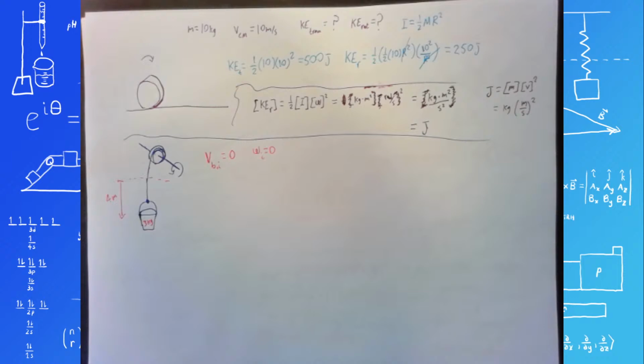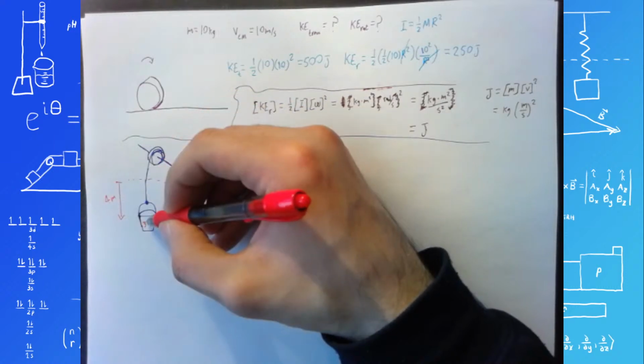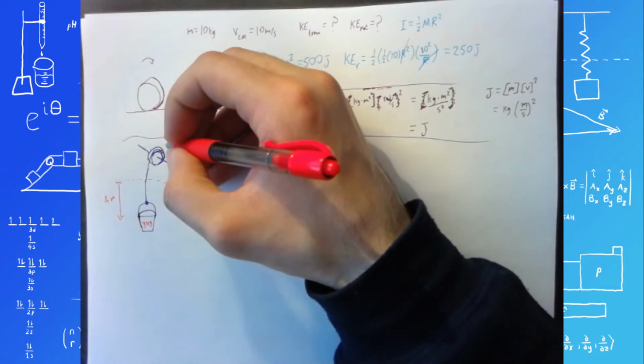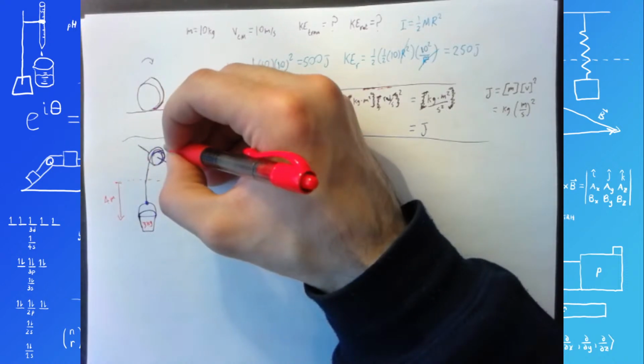That means tangential velocity of the spool must be the same as the velocity of the string, which is the velocity of the bucket. And also, there's something more over here. They did not say this in the wording of the problem, but it is written on their diagram.